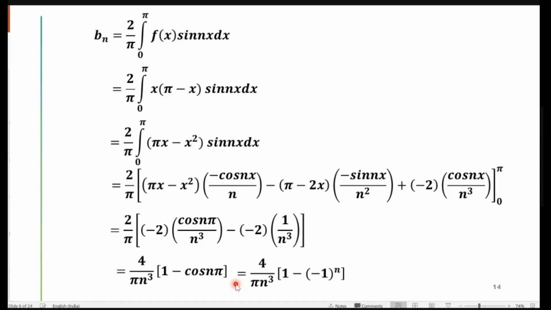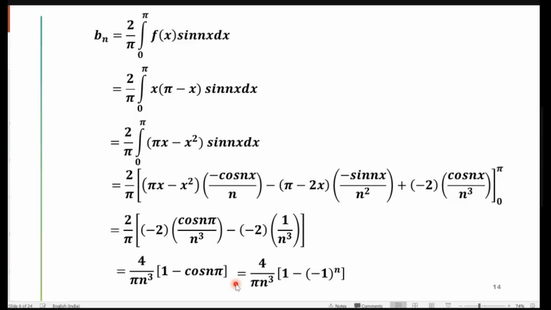Substitute in the f of x series. Substituting bn. So is it true for all the values of n? After calculating an or bn, we have to always check whether those Fourier coefficients are true for all the values of n. A0 is not having n in it, but an and bn do.